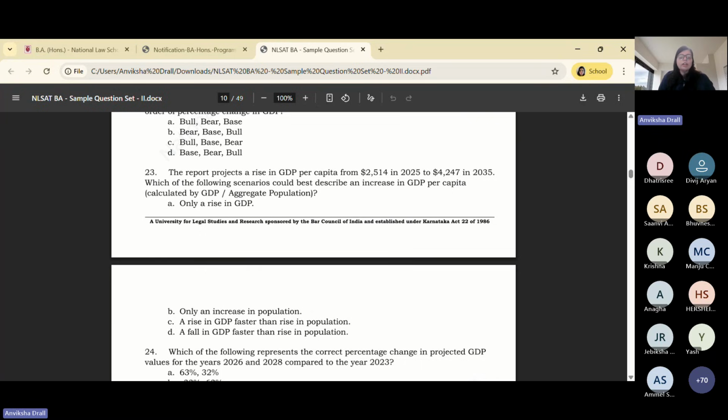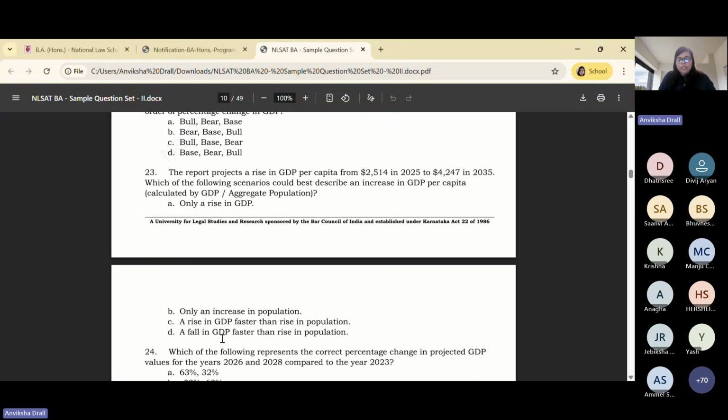Coming to the C part, a rise in GDP faster than the rise in population. So in this case, both your numerator and denominator are increasing, but the rate of increase in GDP is clearly faster than the rate of increase in population, which is your denominator. So in this case, your GDP per capita will increase.